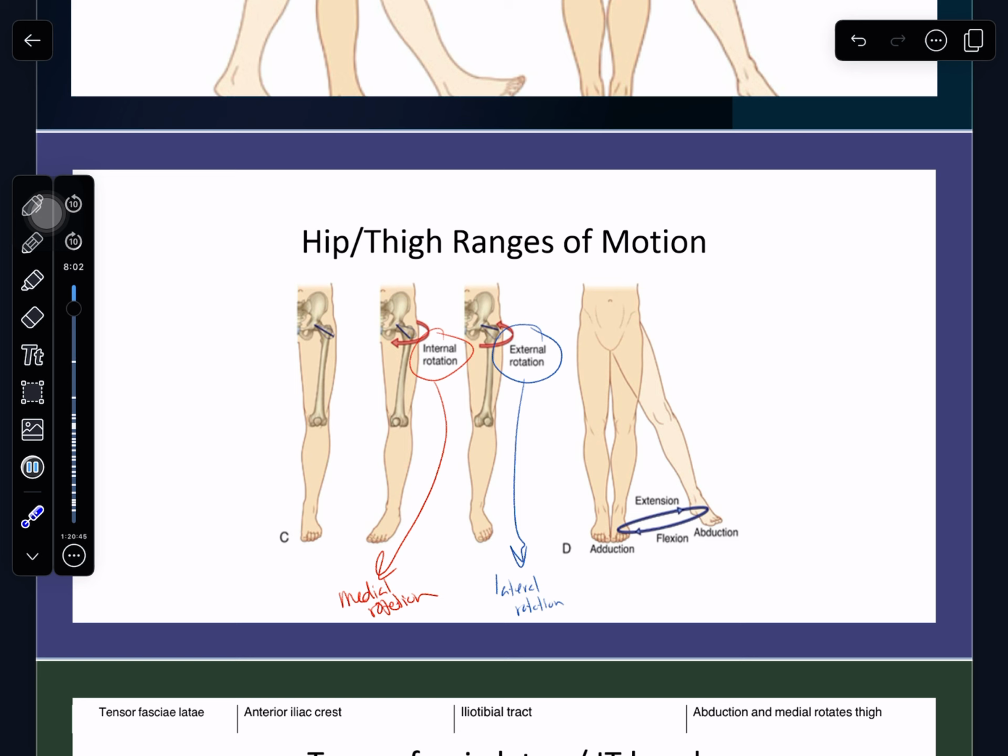In this image here, we're looking at a foot in neutral position. When we talk about internal rotation, obviously this is the left foot. We can tell because we have the os coxa over here, the left os coxa. You can see the pollex of the toe, the big toe, over here on the inside. That must mean this is the left leg. So internal rotation would be pointing our toes toward the midline.